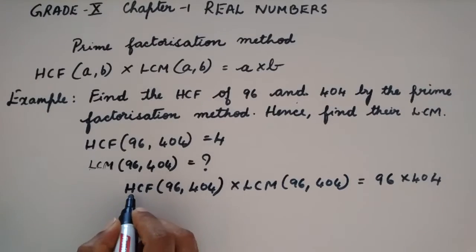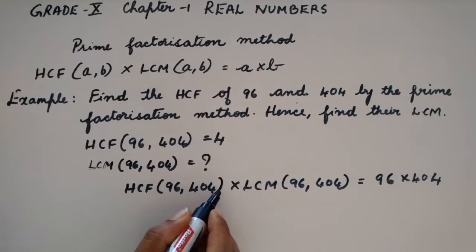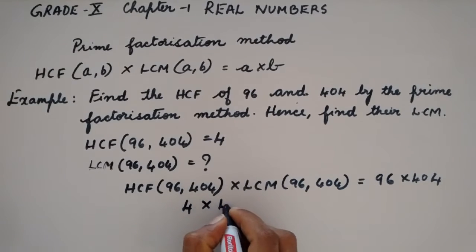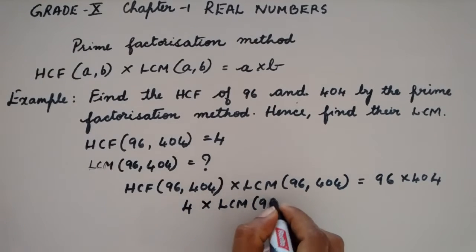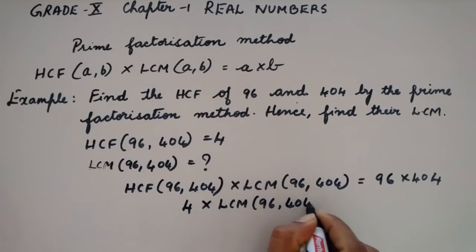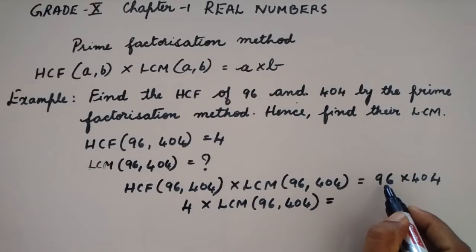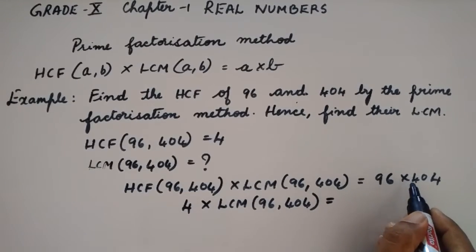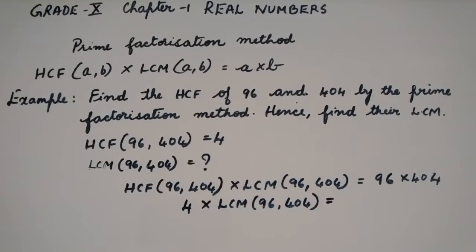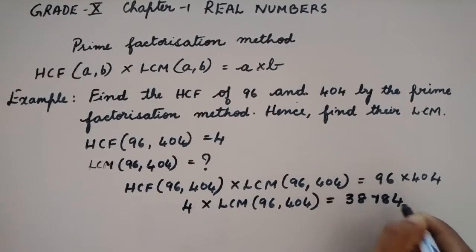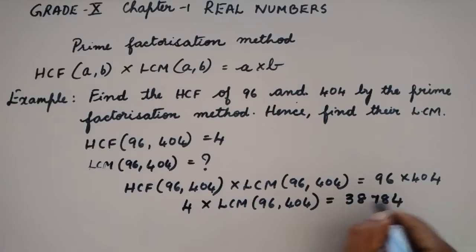So now HCF of 96 and 404, we got it 4, isn't it, into LCM of 96 and 404, we need to find it out. So let us write as it is, and then we need to multiply 96 into 404. So what is 96 into 404, students? It is 38784. Okay, so this is the product of 96 into 404.